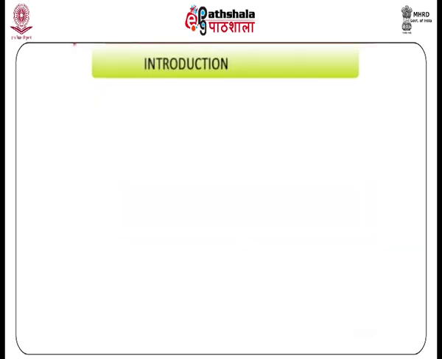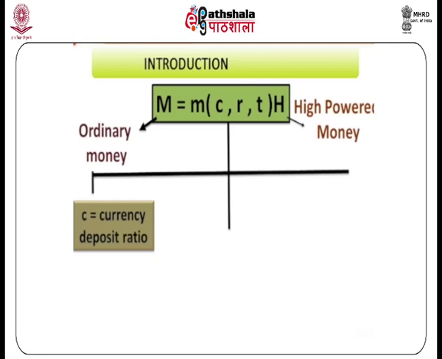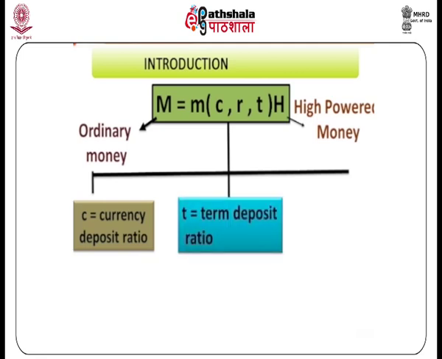The behavioral relation of the money supply equation is M = mH, where m is the money multiplier, M is equal to ordinary money and H is equal to high-powered money. C is equal to the currency deposit ratio, T is the term deposit ratio, and R is equal to the reserve deposit ratio.